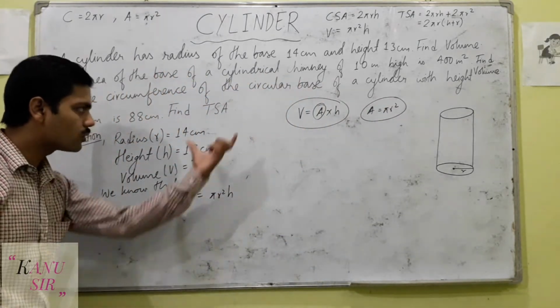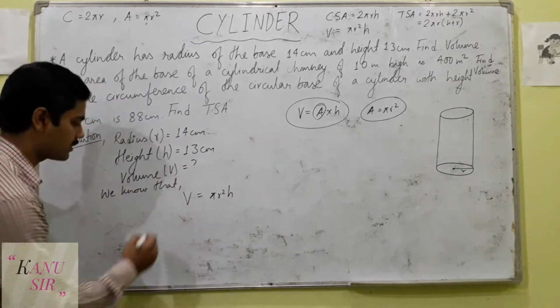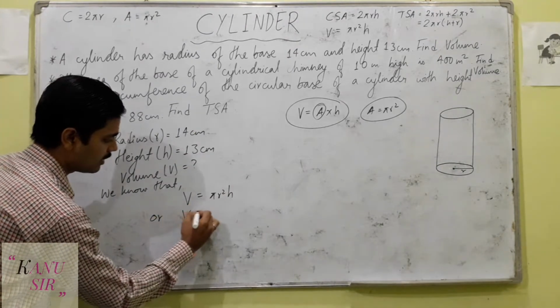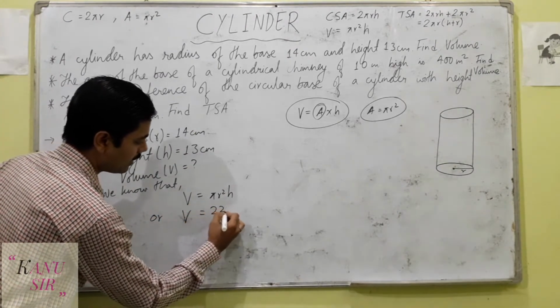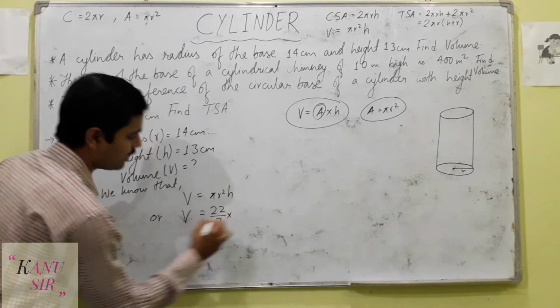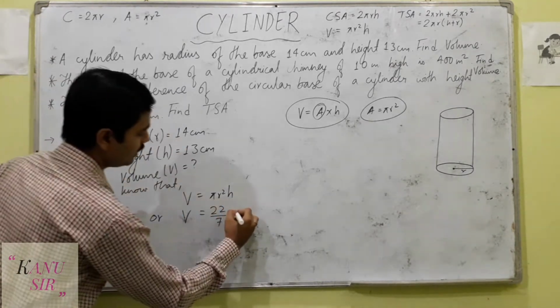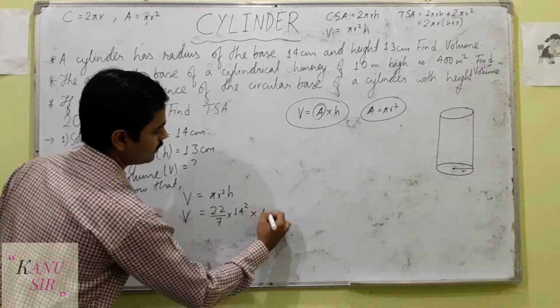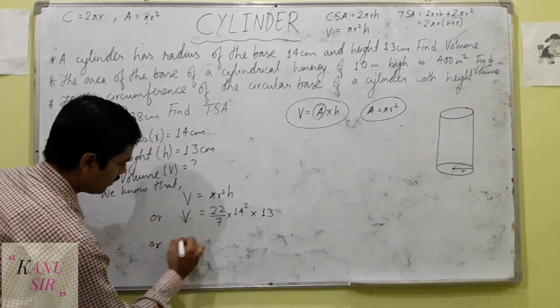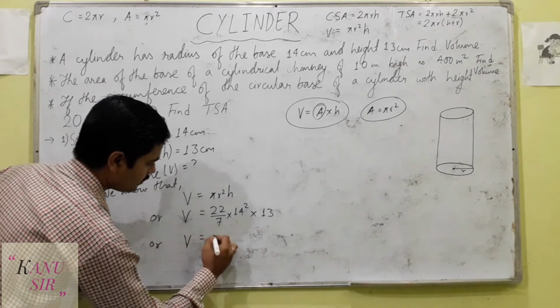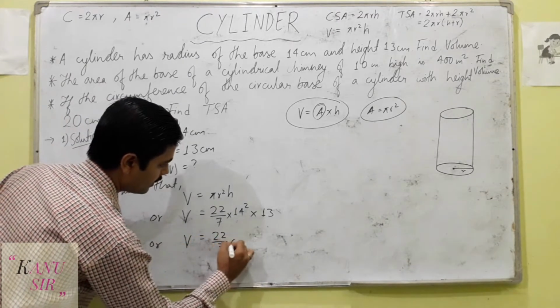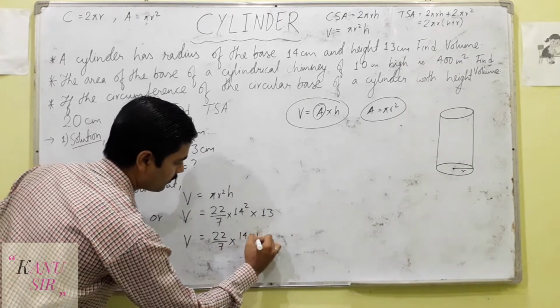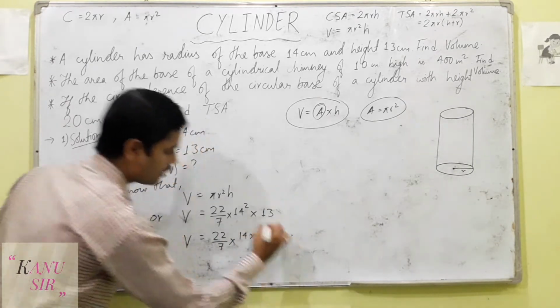I suggest you do both in a single step, that is volume V is equal to pi. You can write the value as 22 by 7, radius is 14 and square, into height 13. So V is equal to 22 by 7 into 14 times 14 into 13.